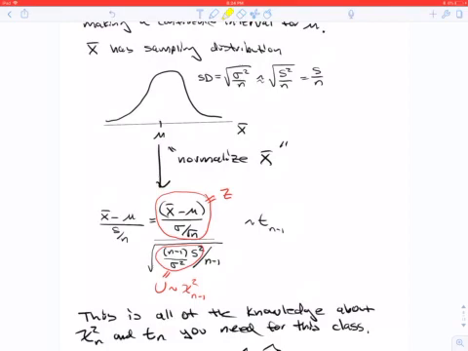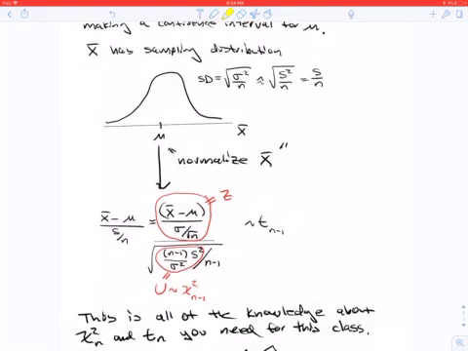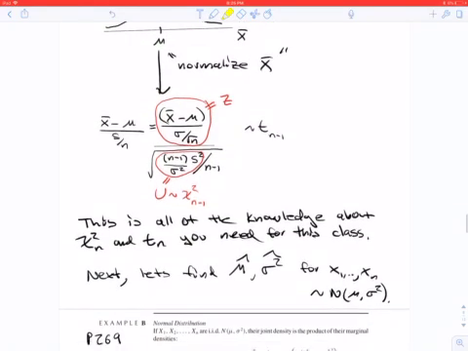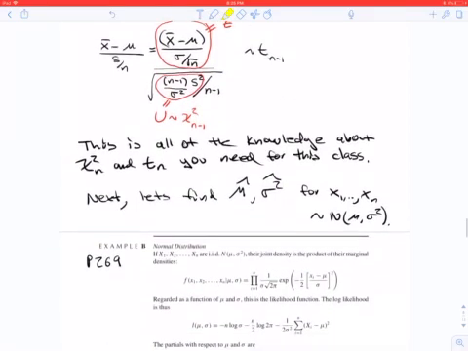When you normalize this, we don't know the population variance, so I'm just going to substitute S, the sample standard deviation. We get x bar minus mu over s over root n, which we can then write as shown here, and we see that it's a t n minus 1 distribution. So that's a great thing. Now we're ready to go.